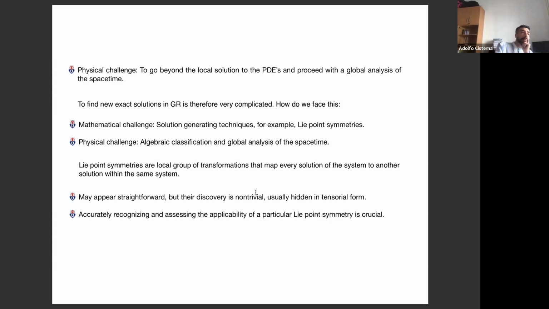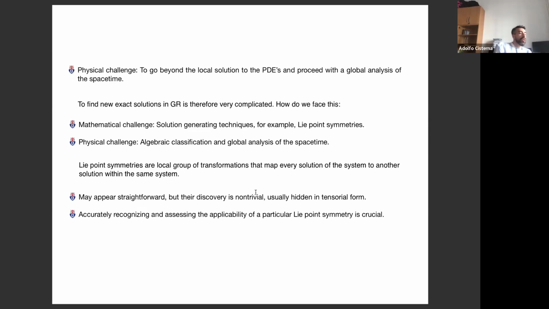And although it might appear straightforward, like, okay, I found a Lie point symmetry, so I have a sort of algorithm to find solutions, actually it's not that easy. It's not that systematic, because first of all, it's very difficult to discover them.